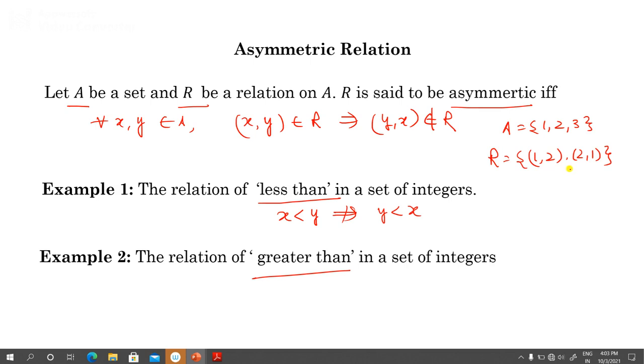So here if you see (1, 2) belongs to R and (2, 1) also belongs to R. Therefore, this relation is symmetric relation, but this relation is not asymmetric relation. So, if a relation is symmetric, meaning for all x, y, if (x, y) is there, then (y, x) is also there, then this relation is not an asymmetric relation.